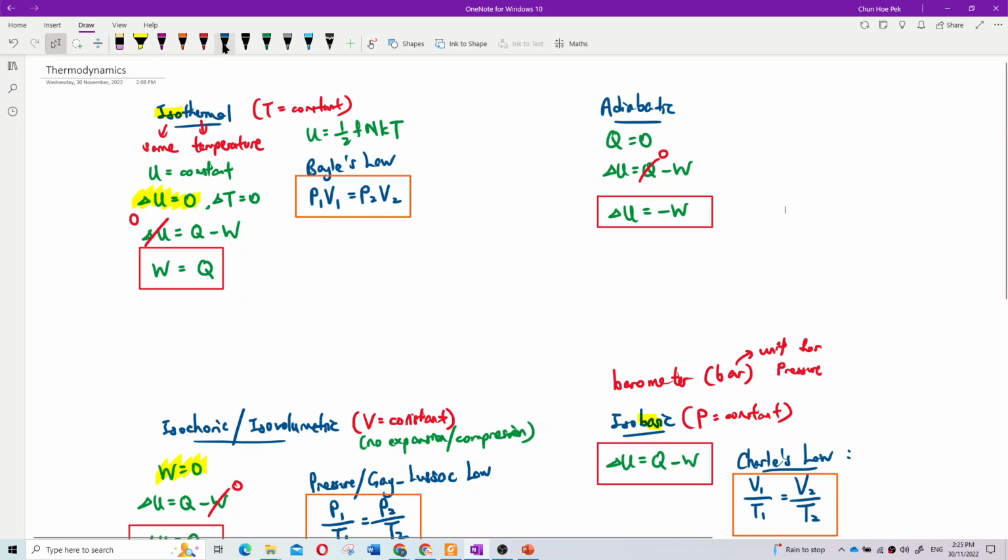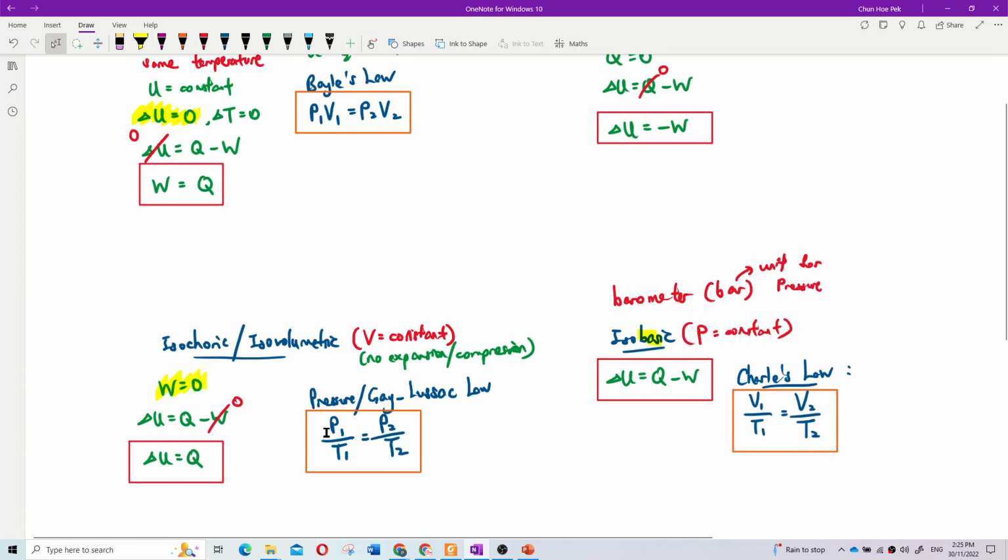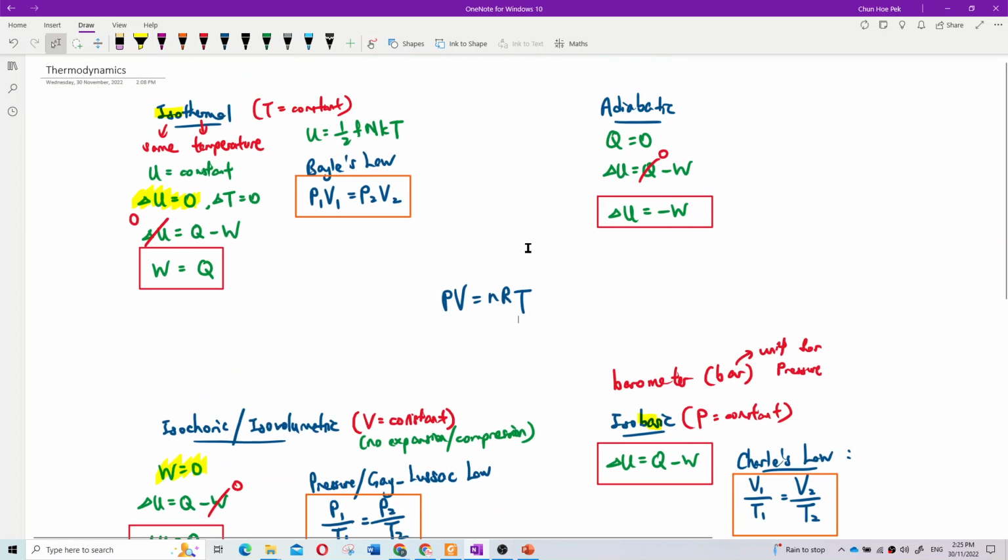So the formulas are Boyle's law, P1 V1 equals P2 V2, P1 over T1 equals P2 over T2, V1 over T1 equals V2 over T2. These actually all come from the formula PV equal to nRT or NkT, isn't it?